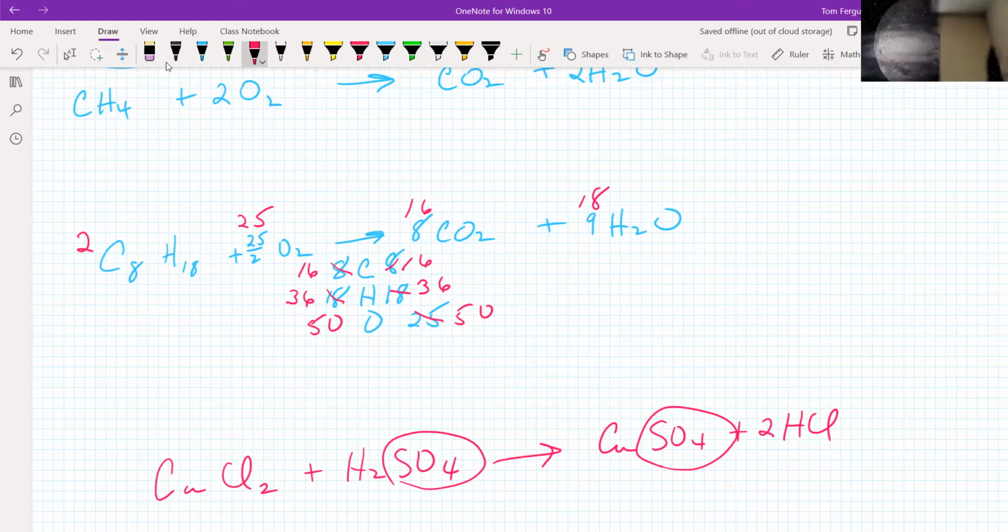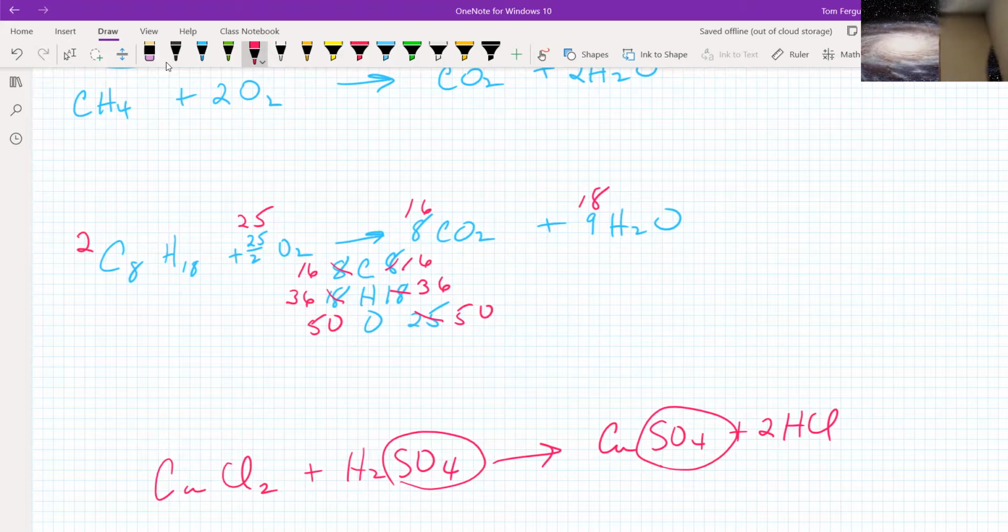So I'm going to give you a couple equations to balance. Now I want to do this one because we have a common ion on both sides. So we're not going to treat S's and O's. We're going to treat the SO4 as a unit. We're going to group it together.